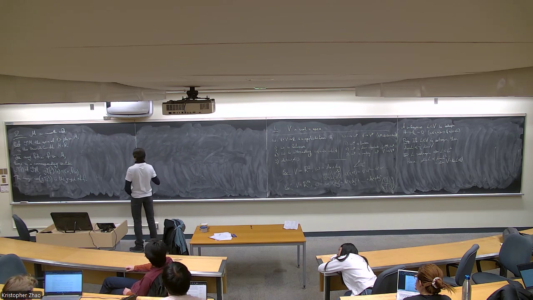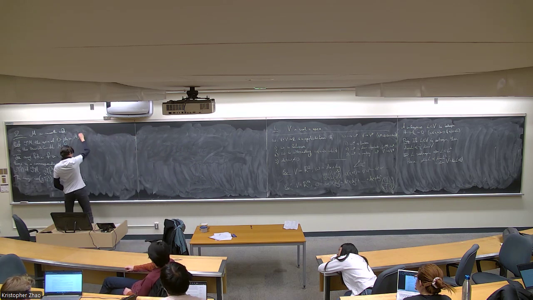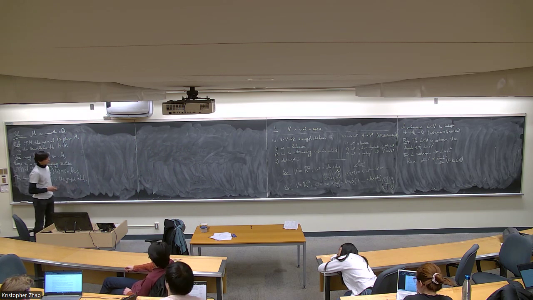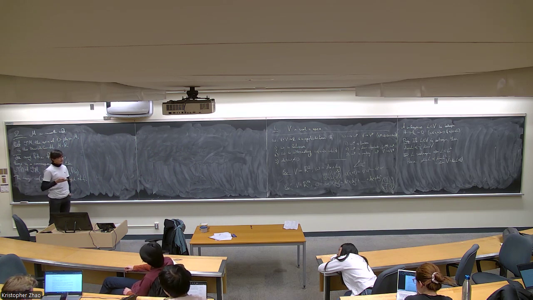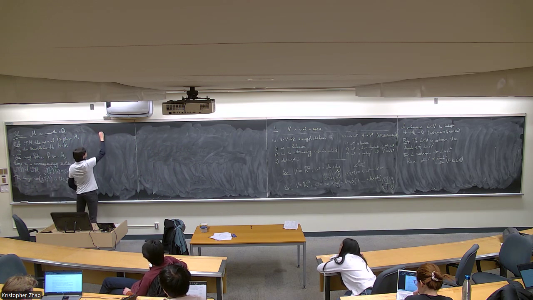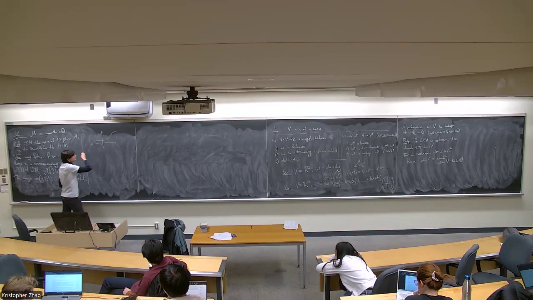Why am I defining 0 jets? Because what I really want is to try to access the infinitesimal first order information about functions, in this case geometrically. So imagine a function and choose this graph.